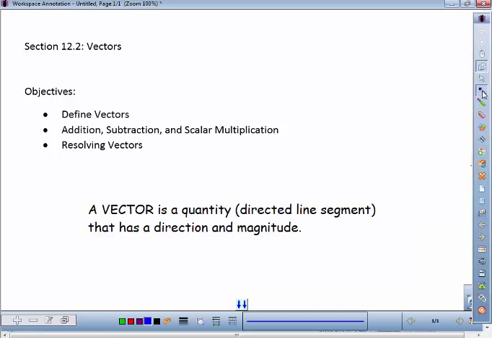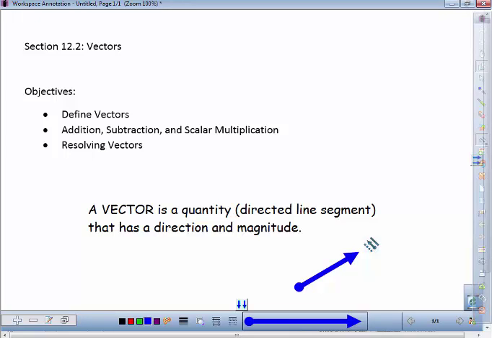So we denote vectors with arrows. And when we draw an arrow, we think of what's important in this arrow. What's important in this arrow is that it has a specific direction that it's going towards and a magnitude, the length of the arrow.